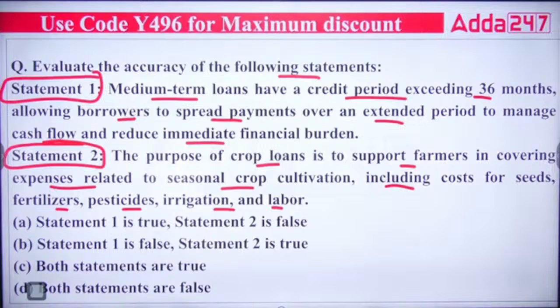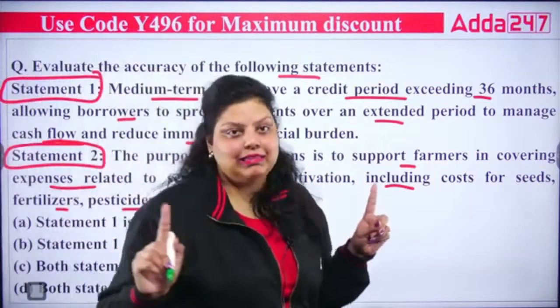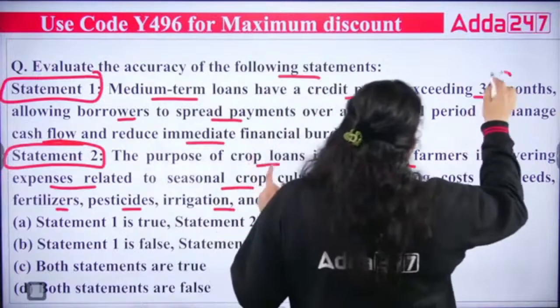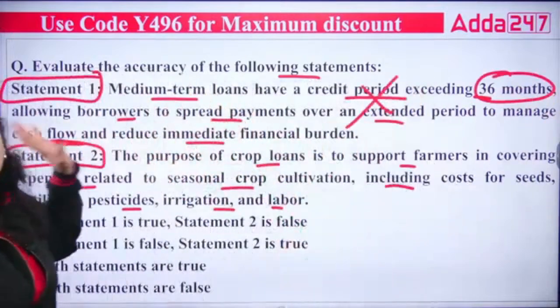So first is saying that the medium term loan has a credit period exceeding 36 months. First of all, the medium term does not exceed 36 months. It is within 36 months. It means the first one is wrong because of the duration.